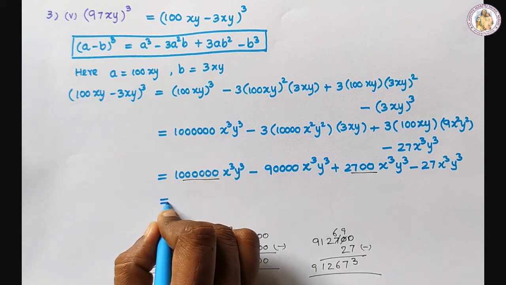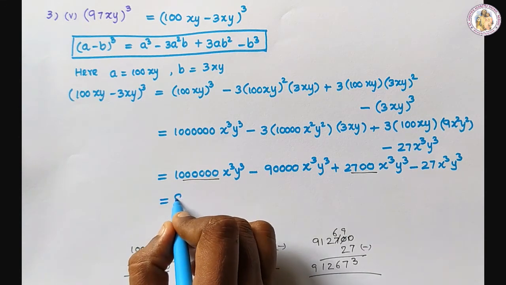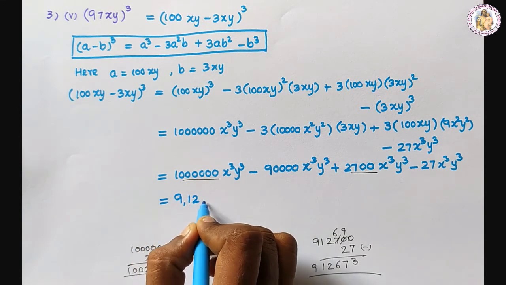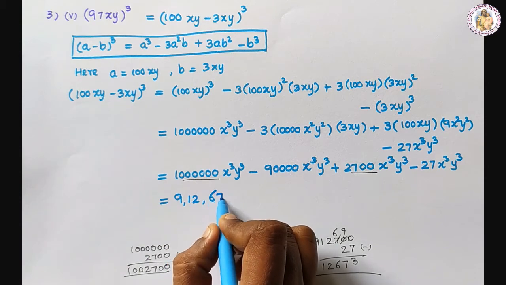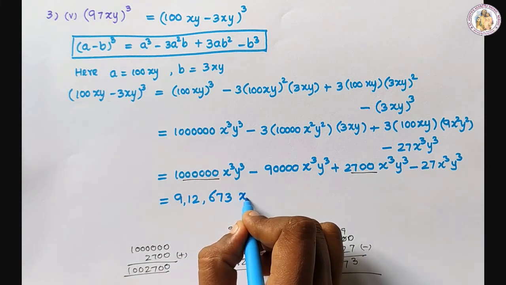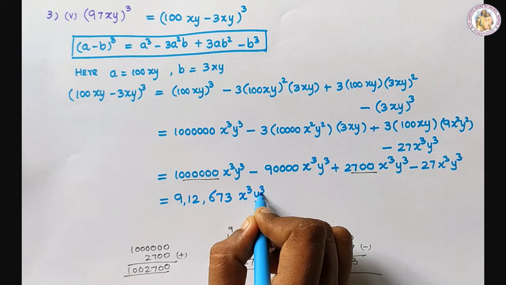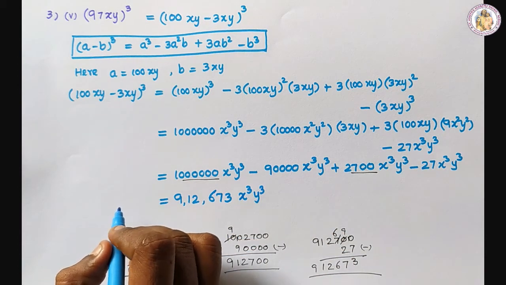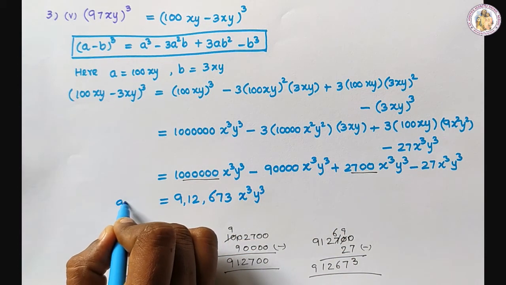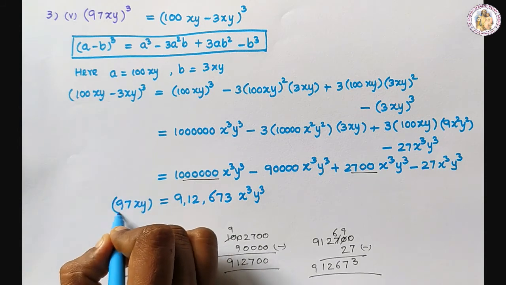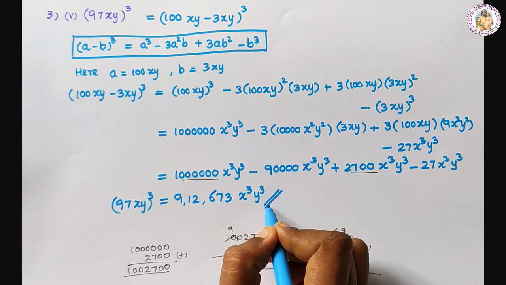So how much? 9 lakhs 12,673 x cube y cube, that is 97xy whole cube answer.